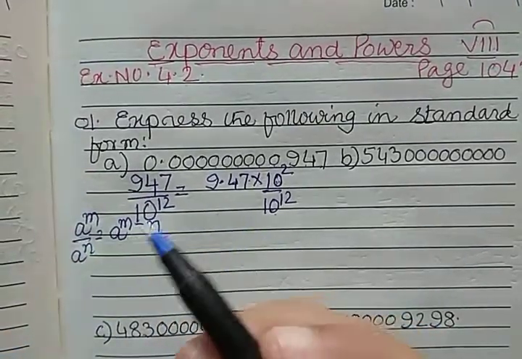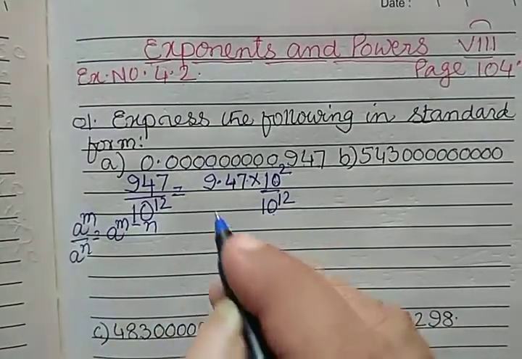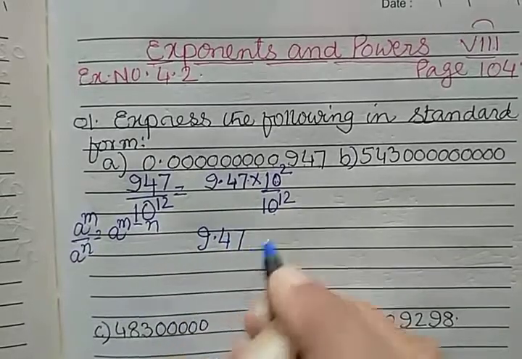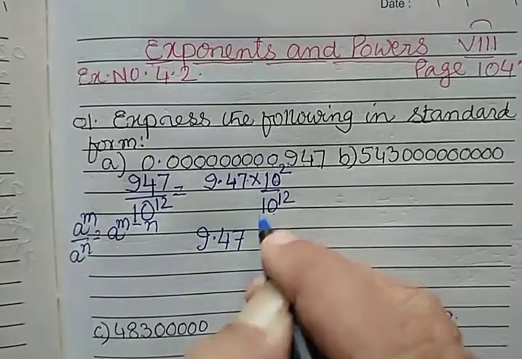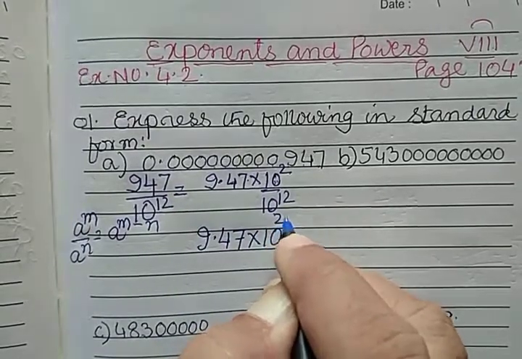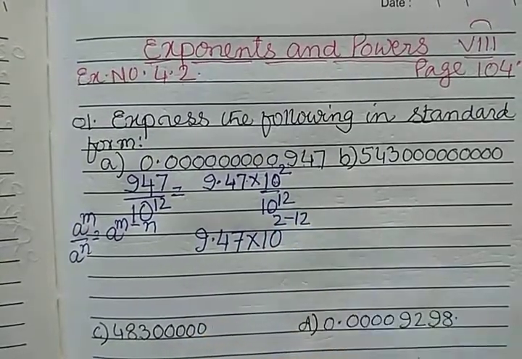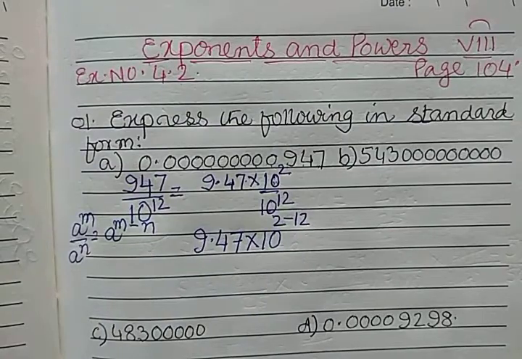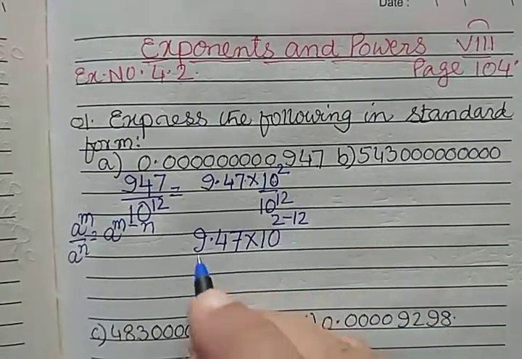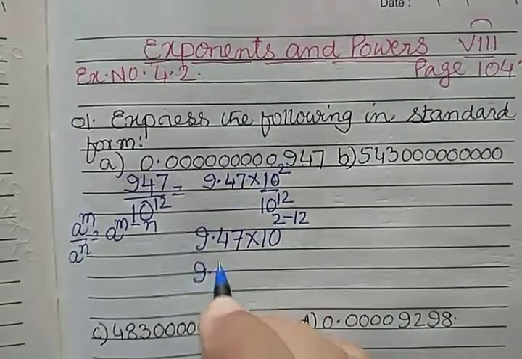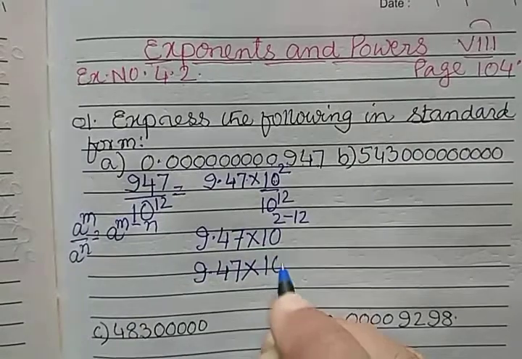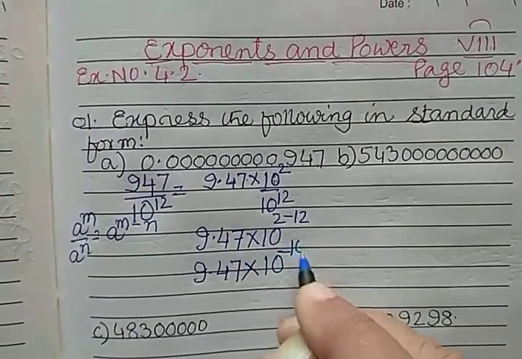So what will happen? 9.47 into 10 to the power of 2 minus 12. What is the value of 2 minus 12? Minus 10. 9.47 into 10 to the power of minus 10.